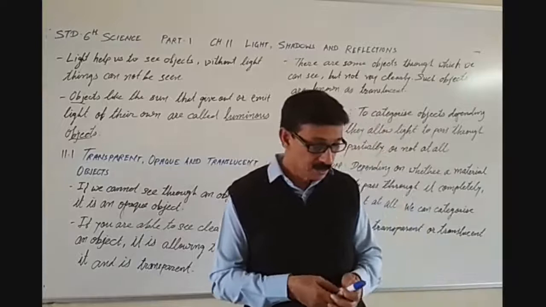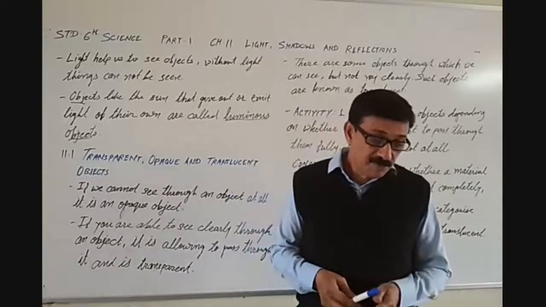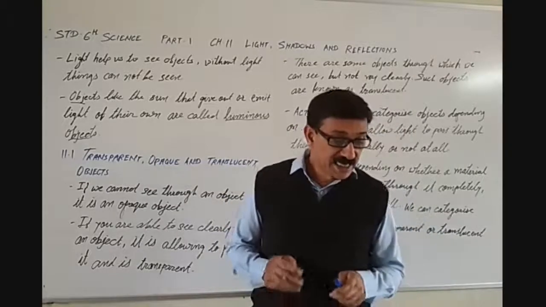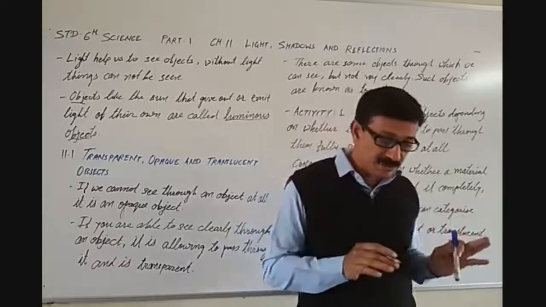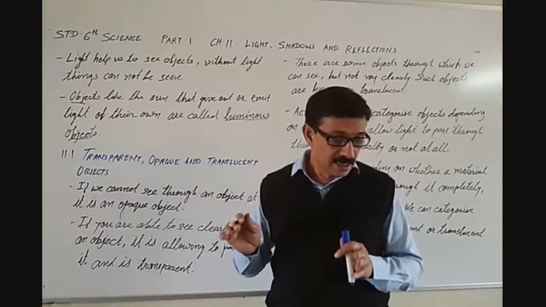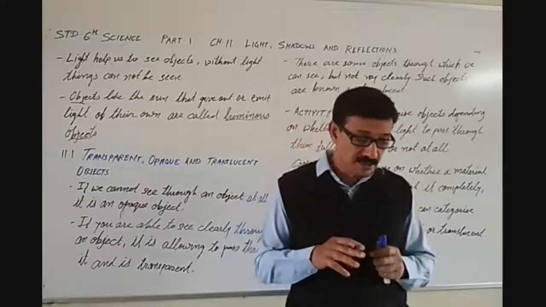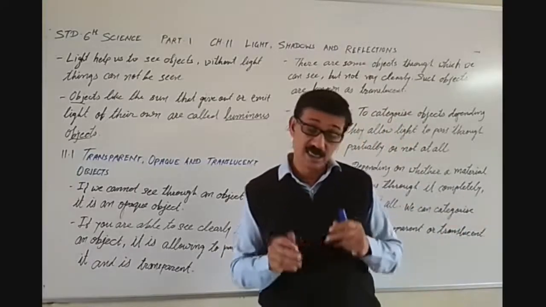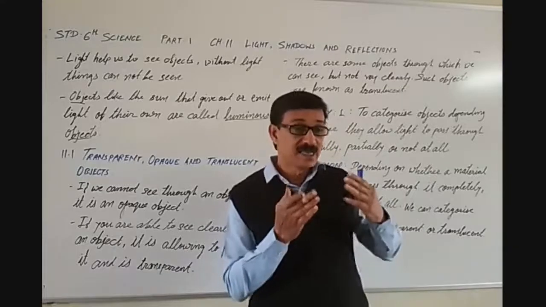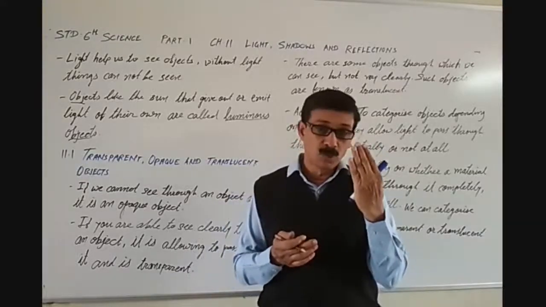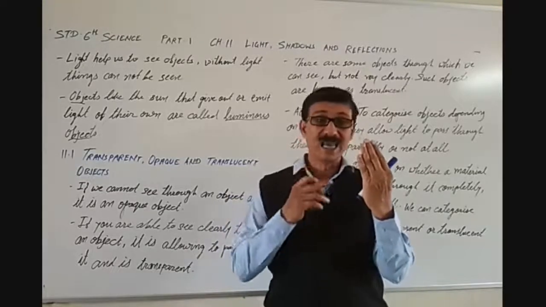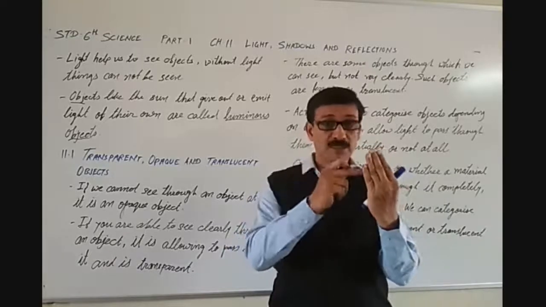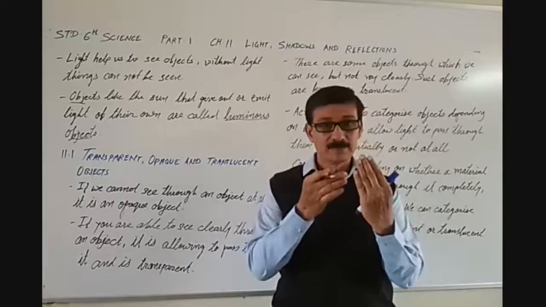Then, if you are able to see clearly through an object, it is allowing light to pass through it and is transparent. See, if we can see clearly through an object, then what is that? It is allowing the light to pass through it, and that is why we can see.